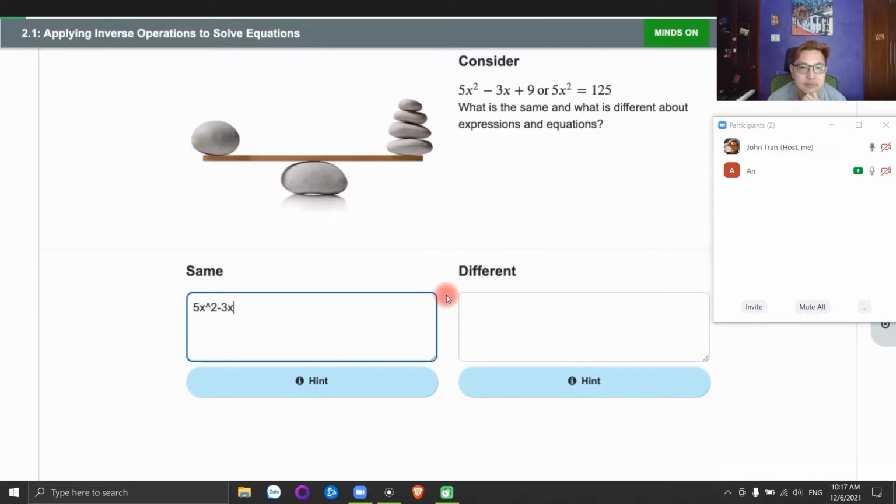Okay. Yeah, that's better. Alright, so what's the same is that they have some kind of expression like 5x squared.